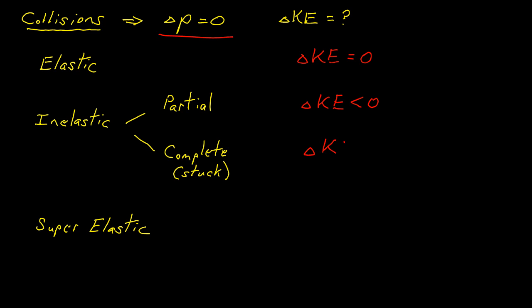Same thing for the completely inelastic, but just as the objects are stuck together, so too is the kinetic energy lost a maximum. For the superelastic, here we actually gain kinetic energy. Change is greater than 0. That's sometimes why we call them explosive. The objects come out with more energy than they went in with.